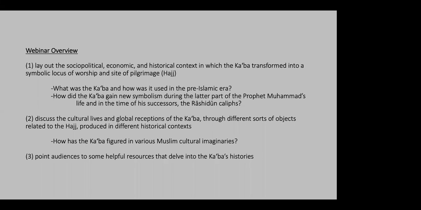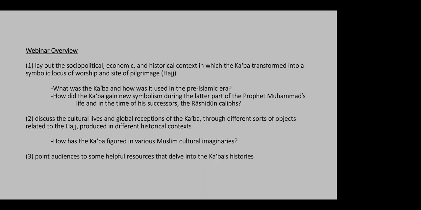So instead, what I want to do today is to very briefly but efficiently provide a socio-historical and contextual overview of the building in the historical moment of its transformation into a symbolic locus of Islamic worship and site of pilgrimage.